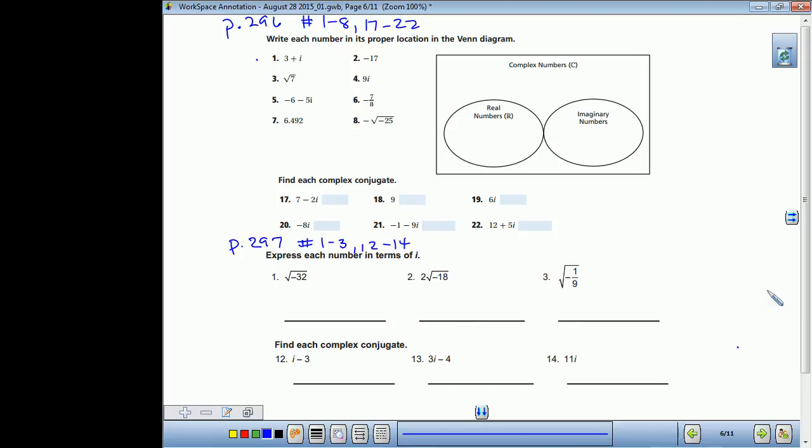This is in your workbook. This says 296 of the geometry workbook.